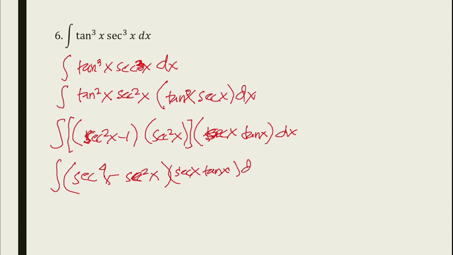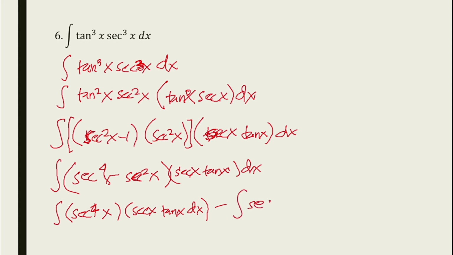After we distribute, the integral of secant to the 4th x times sec x tan x dx minus the integral of secant squared x times secant x tangent x dx.